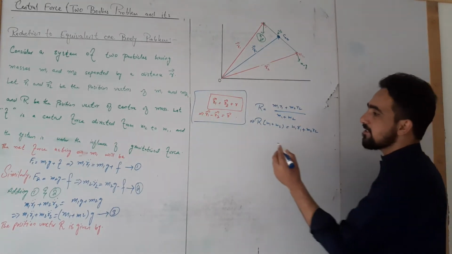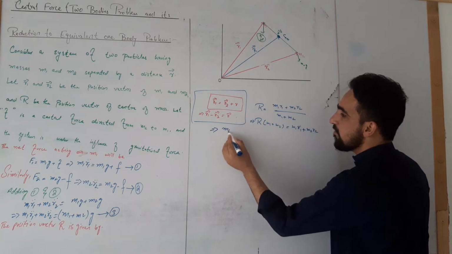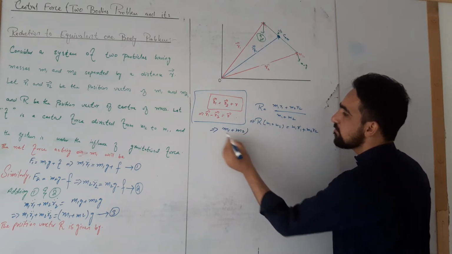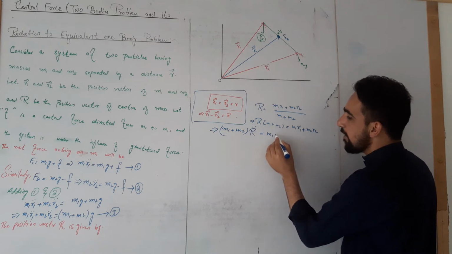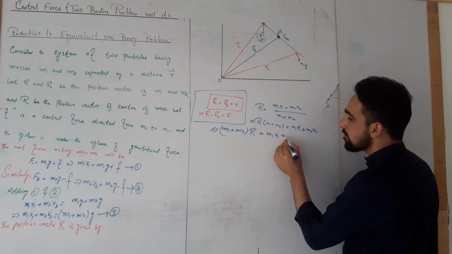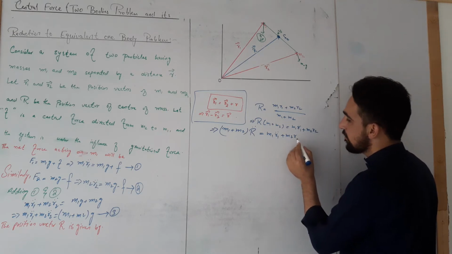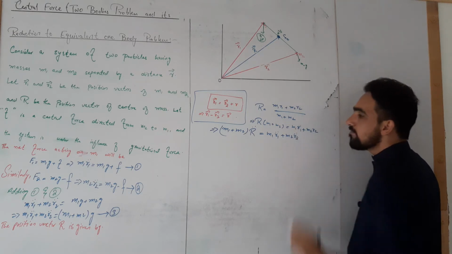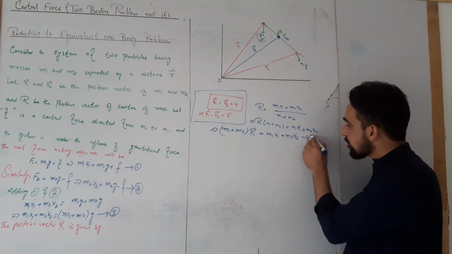Differentiating both sides of this equation twice, we have (m1 plus m2) R double dot is equal to m1 r1 double dot plus m2 r2 double dot. This is our equation number 4.